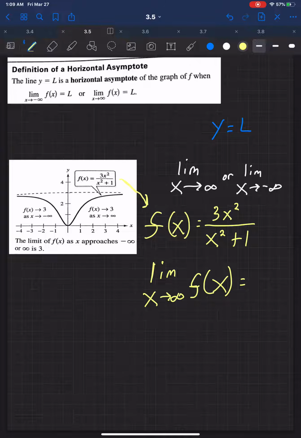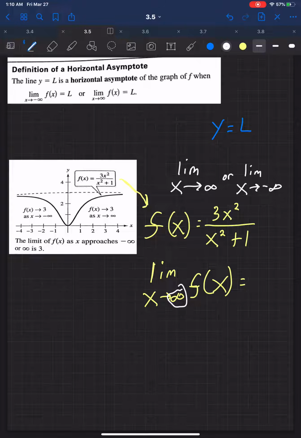Now we need to know, how do I actually approach infinity? Do we just plug the infinity sign in for the x? And what do we get? Infinity over infinity? Well, that's not going to help us. So how do we approach this?